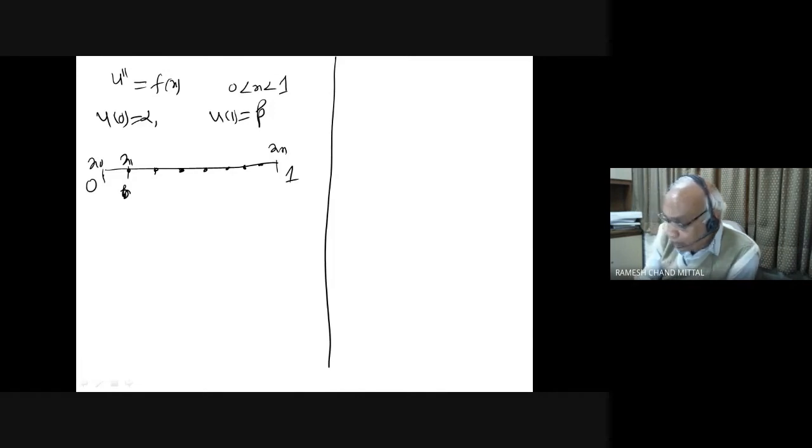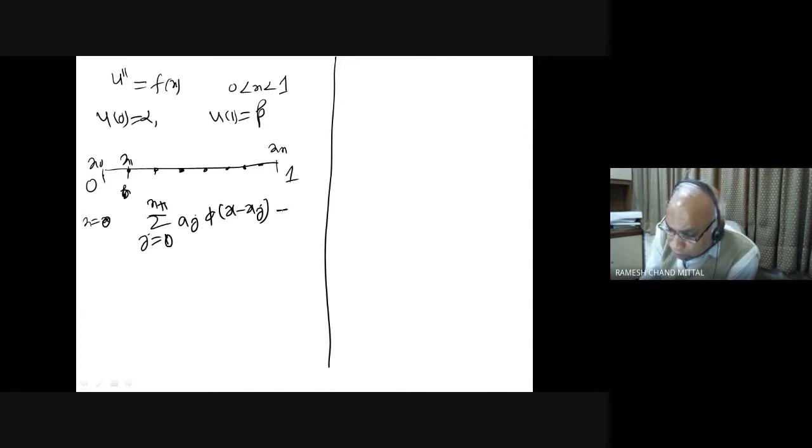Then if I write my first solution at x equal to 0, my solution will be the summation over j from 0 to n, plus 1, because this is n plus 1 points, of a_j phi of (x minus x_j), my basis function, where I have to choose which kind of basis function I should choose.